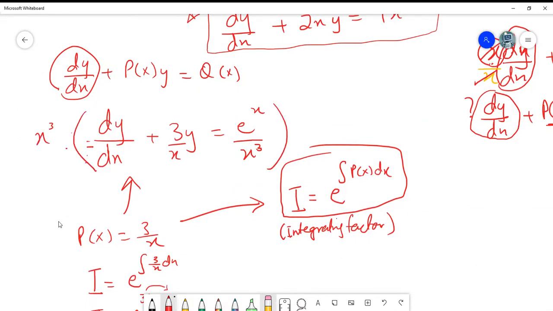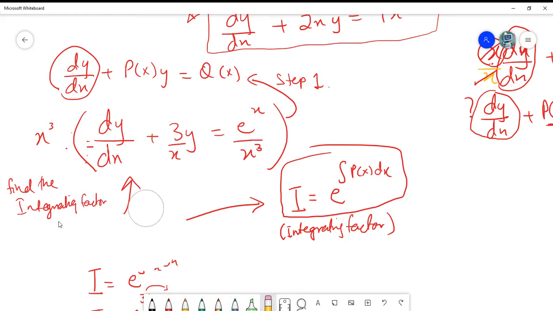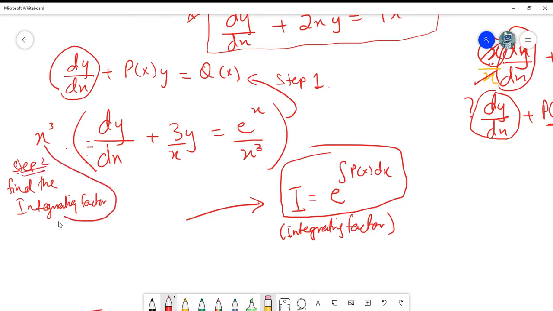So I'll repeat my steps. In the first step, you have to see if your equation is in this form. And in the second step, you have to find the integrating factor and multiply it with the entire equation.